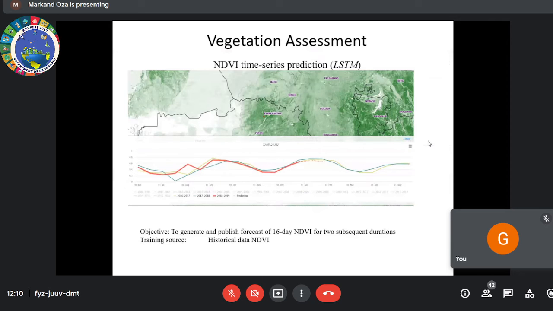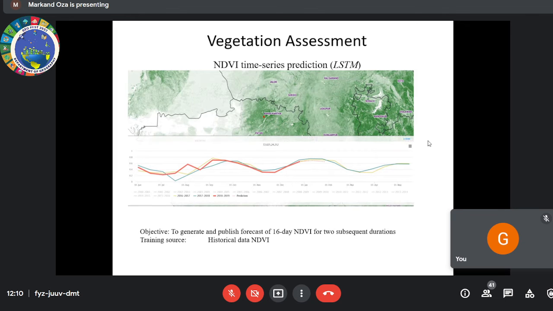It's not only that you know the present status as well as the status in the past few time points as well as in past few years, but the importance is also in knowing what is likely to be the NDVI in the next fortnight or in a month or so.